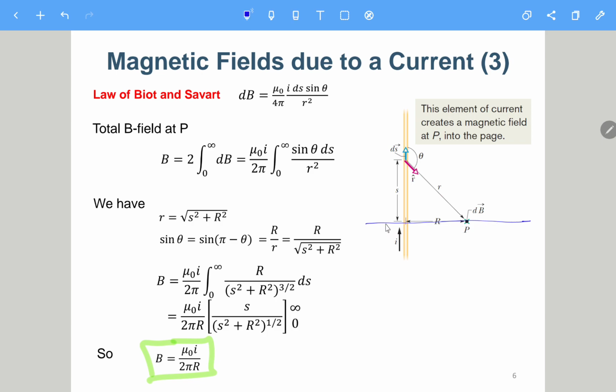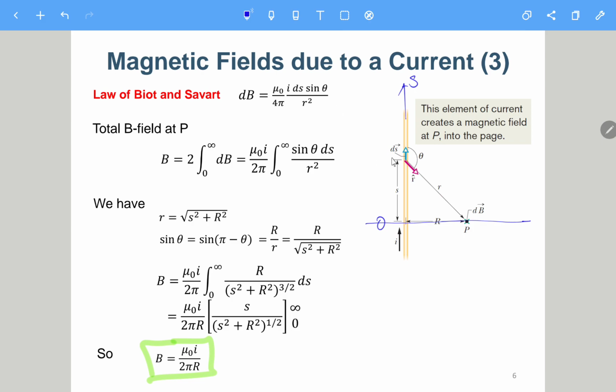This is the 0 point of the s-axis, and the r axis will change dependently. Let's write out the Biot-Savart law: dB equals mu naught over 4 pi, I ds sine of theta over r squared.